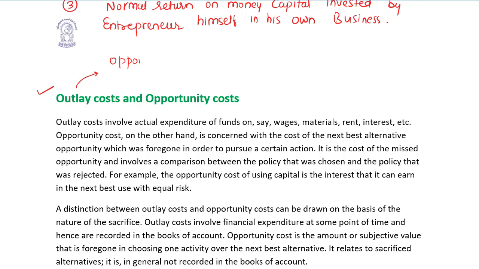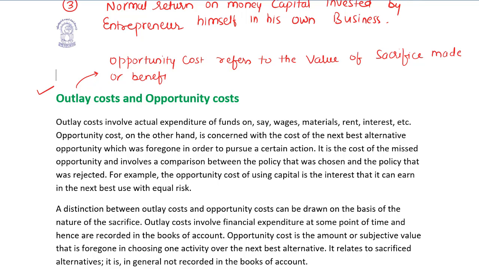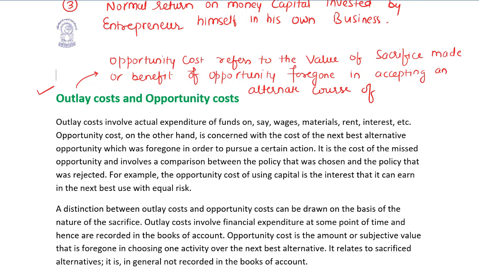You can write: opportunity cost refers to the value of sacrifice made or benefit or opportunity foregone in accepting an alternate course of action is known as an opportunity cost.